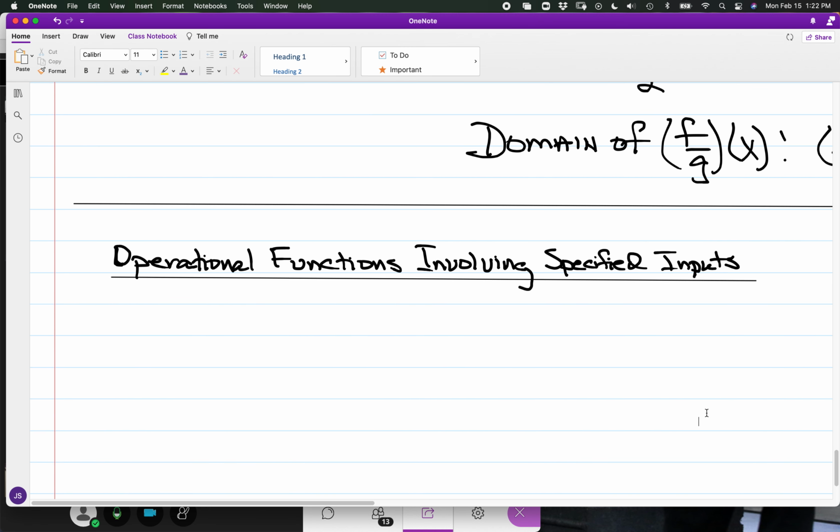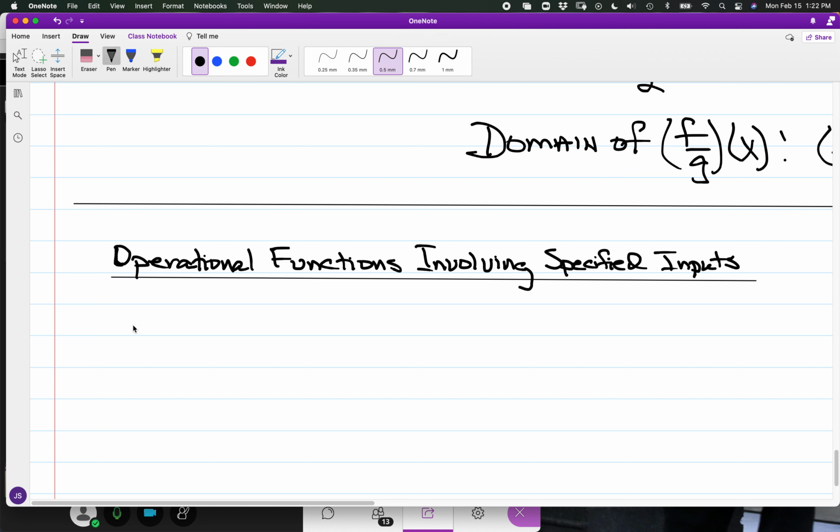And this time we'll take 3 functions. And we'll say that we have given f of x is equal to 2x plus 3. G of x is equal to x minus 3.